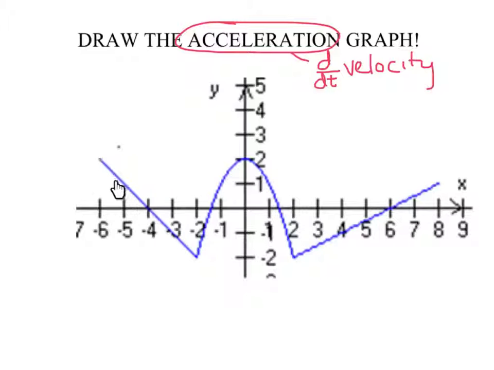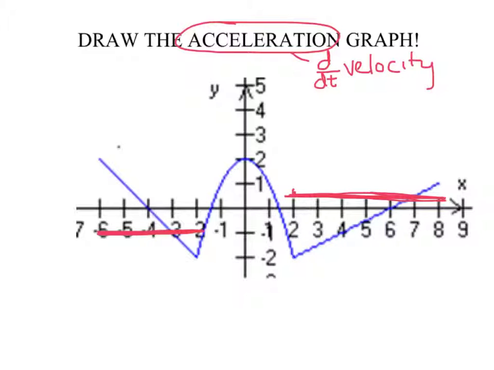Here the slope is -1, so my derivative would just be a constant -1, just like that. Let me go over to the other linear piece. Here the slope is constant, and it's just +1/2. So from here to here, it's just +1/2, like that.